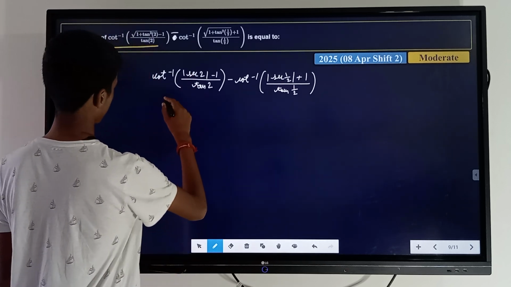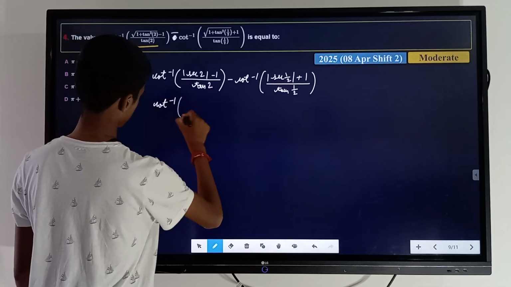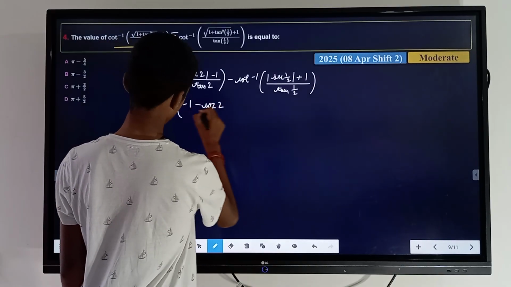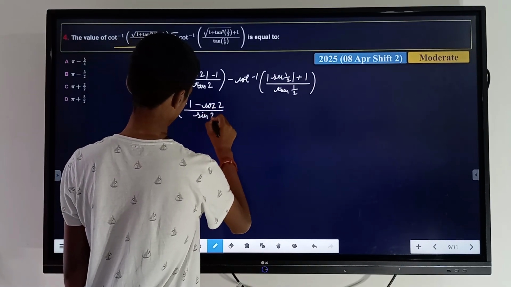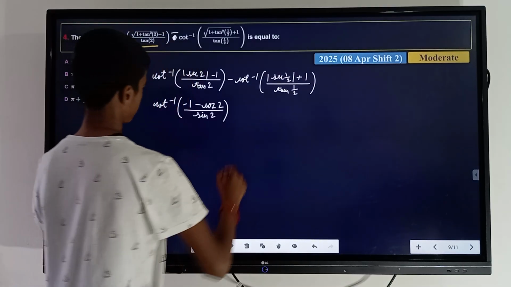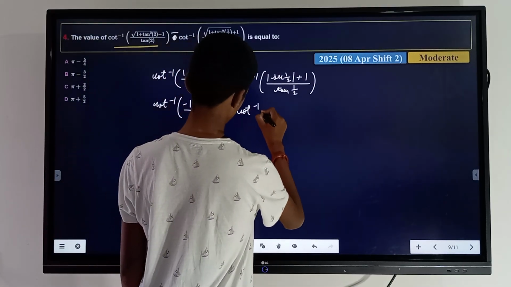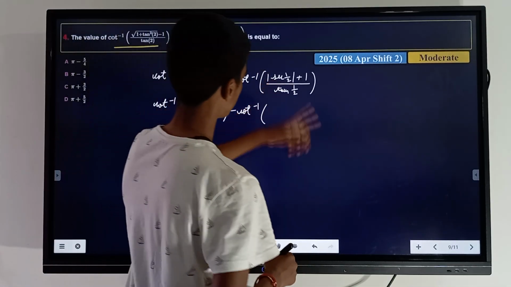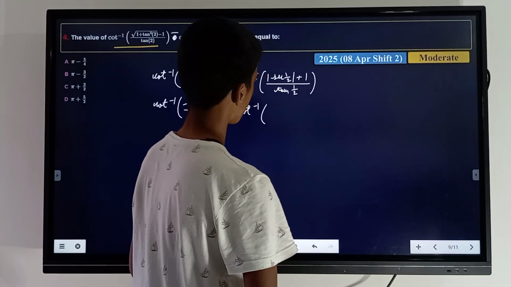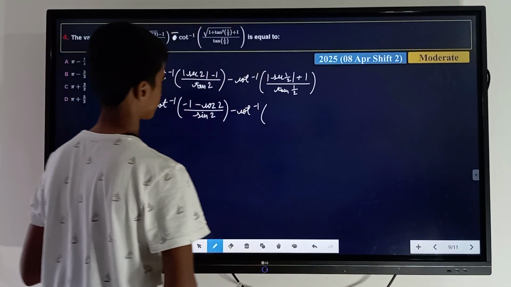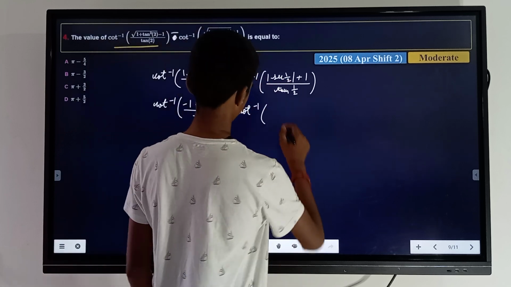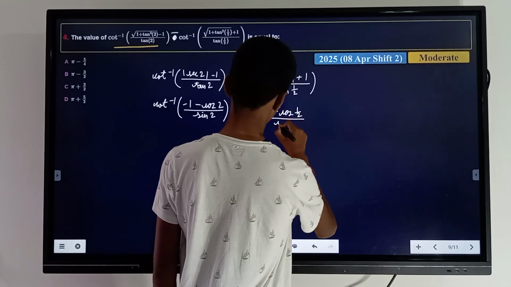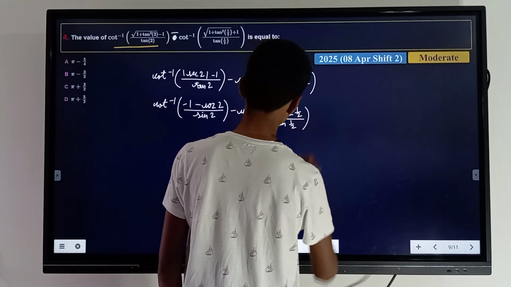So from here we will get cot inverse of minus 1 minus cos 2 upon sin 2, minus cot inverse of, now 1 upon 2 will be between 0 to 90 degrees, so this will open with positive. So 1 plus cos 1 upon 2 upon sin 1 upon 2.